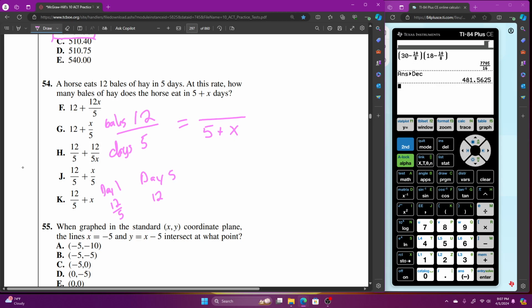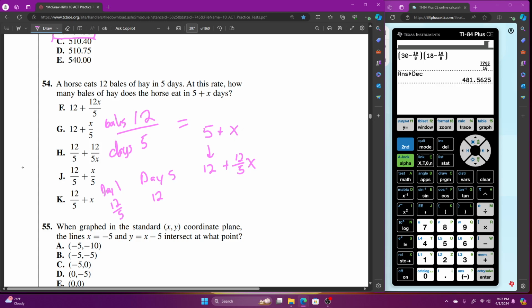So we would have to say, how many bales of hay does he eat in 5 plus x days? Well, on that 5th day, he's getting 12 bales of hay. And then for every extra day, he's having 12/5 of a bale of hay.